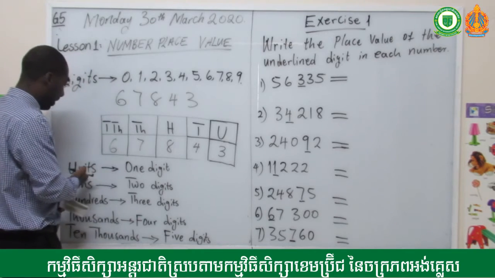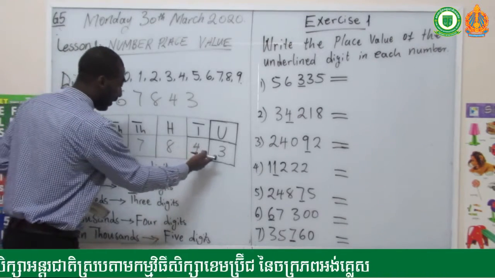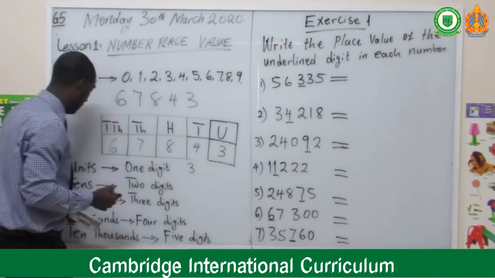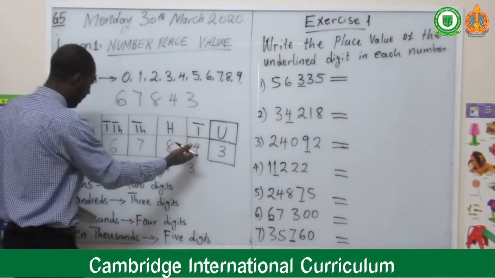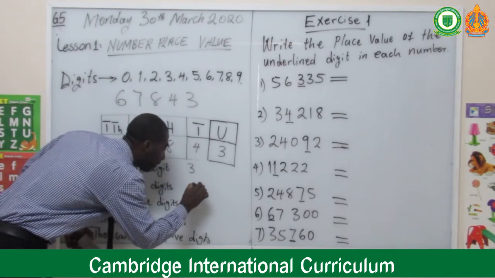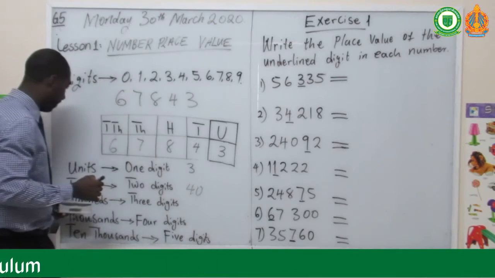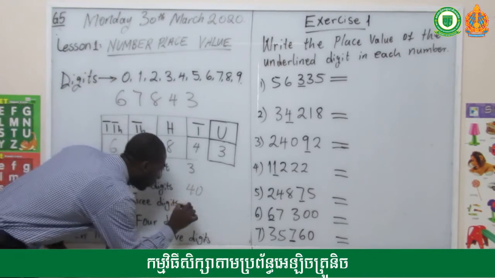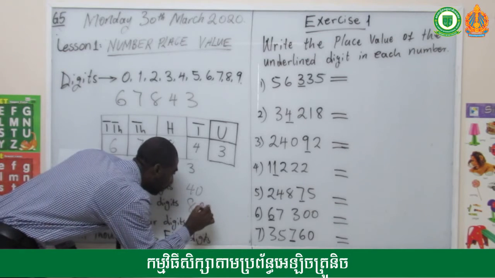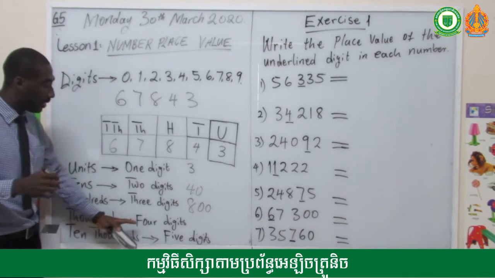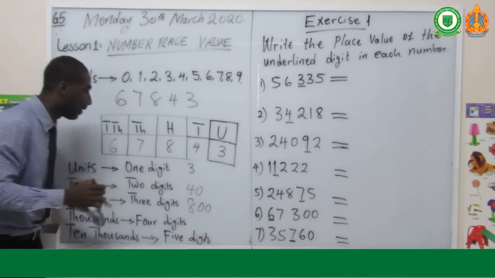We know that any number in the units place is 1 digit. So we have 3. Any number in the tens place is 2 digits. So it becomes 40. Any number in the 100 place becomes 3 digits. So we have 8, 0, 0. And then the number in the thousand place becomes 4 digits, and we have 7 there.